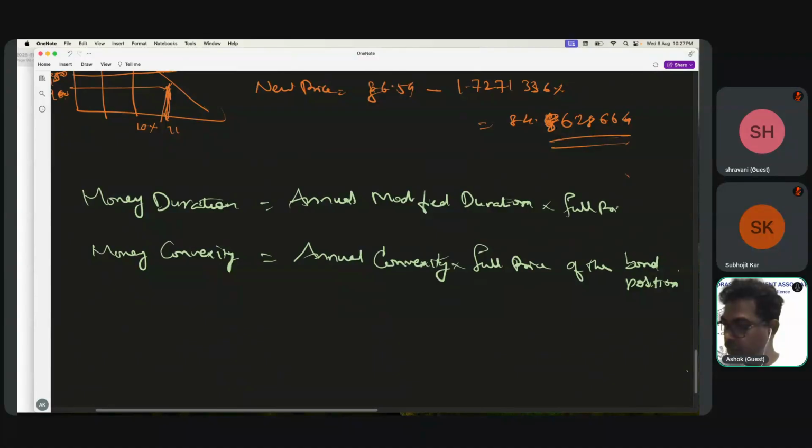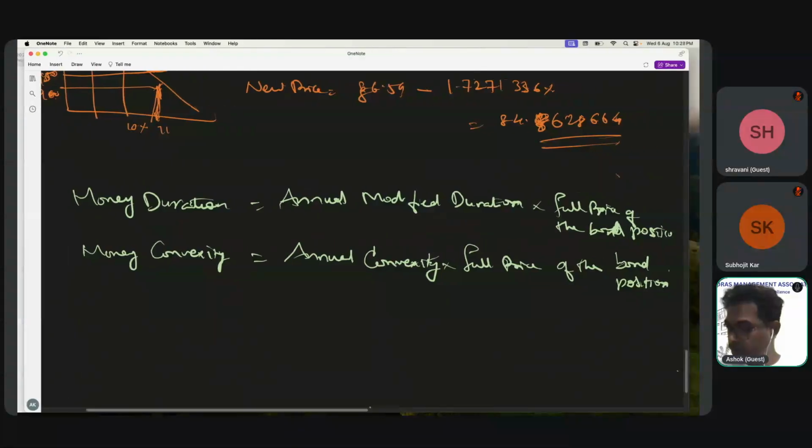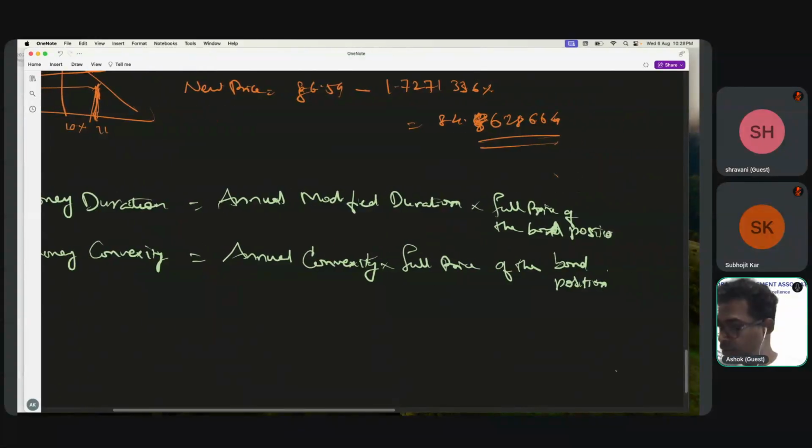So full price of the bond position means number of bonds also will be taken into factor. Okay.